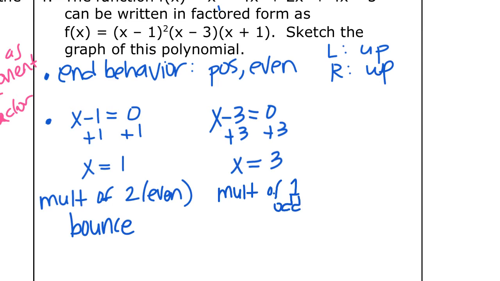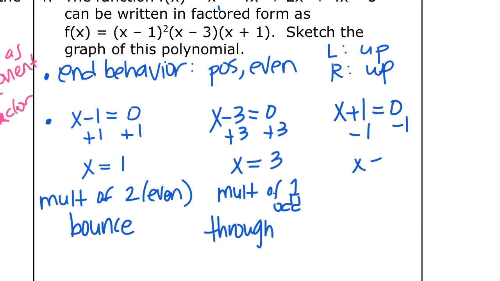So that means that at the x-axis, at positive 3, it's going to go through. And then the last one, x plus 1 equals 0. Subtract 1 from both sides, so x equals negative 1. And this is the same as before. It doesn't have a power, so that means that it's a multiplicity of 1, which means that it's going to go through at negative 1.